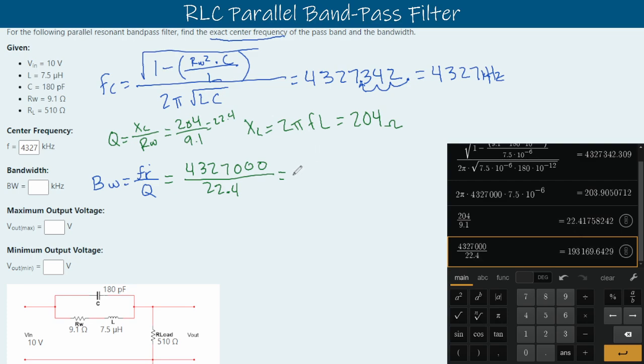It's a large number there, so that's our bandwidth. It's 193,169. We can move that forward by 3 and round it off. So we'll say 193 kilohertz. We'll plug that in. That's our next value, 193.